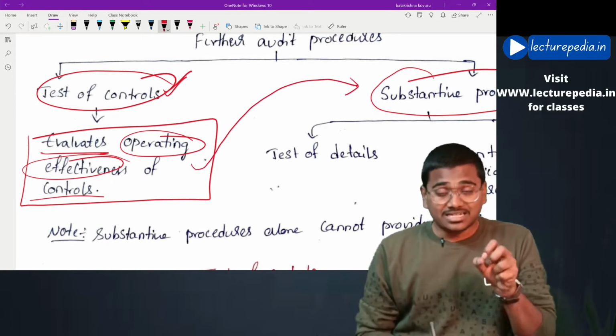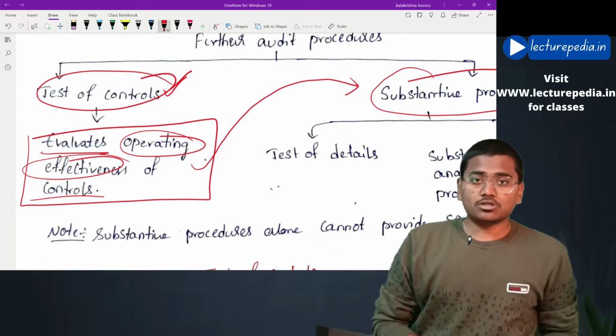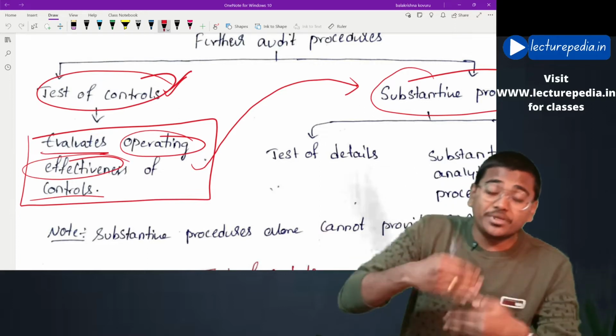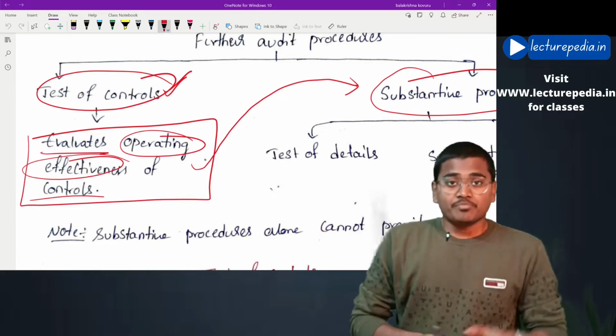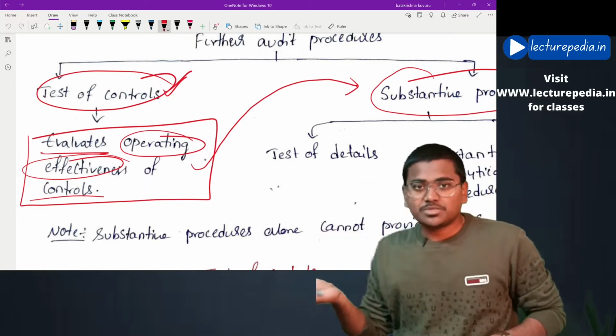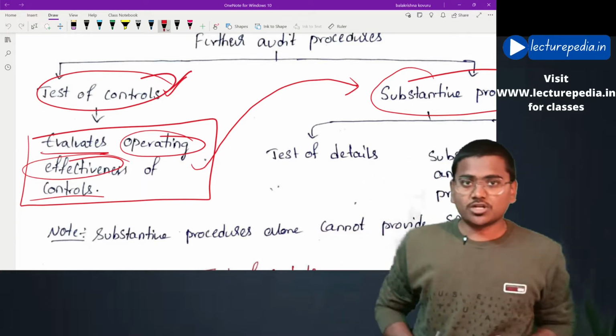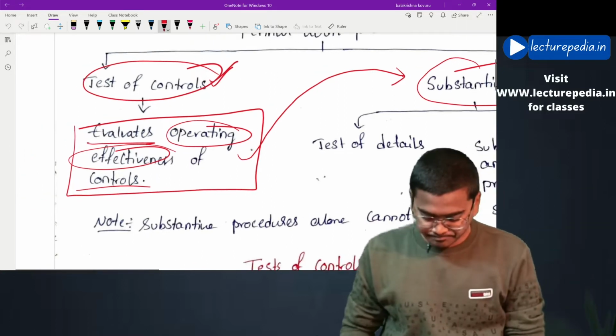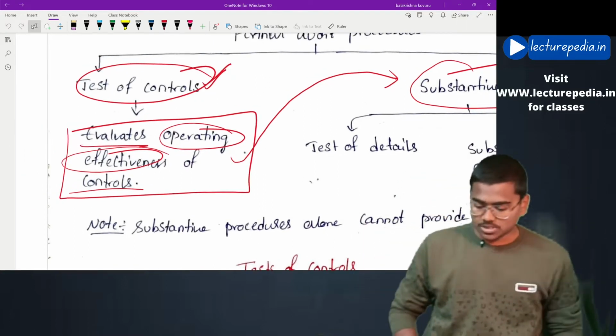That is the reason why he is performing test of controls, but he is not doing so in order to give an opinion on the controls. The objective of the auditor is to give an opinion on the financial statements, but not to give an opinion on the test of controls. Hope this is clear. This point we have already discussed in the previous standards. That is test of controls.